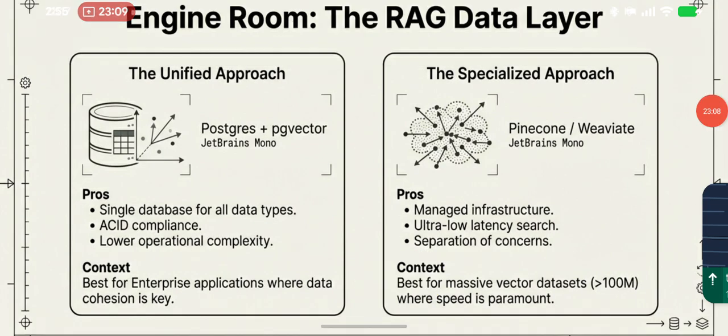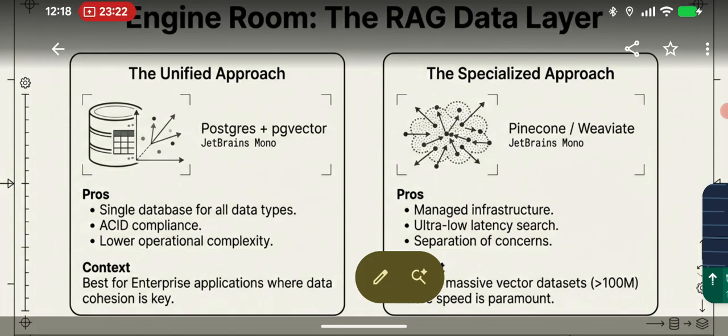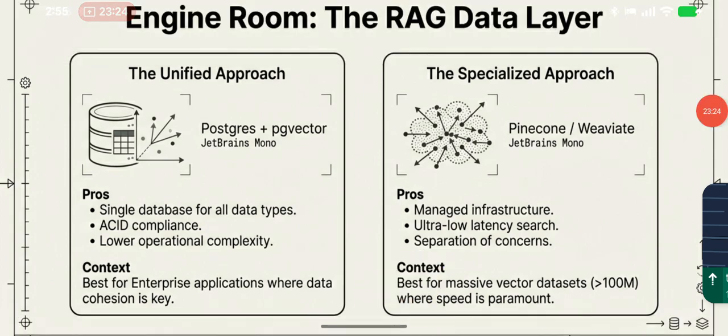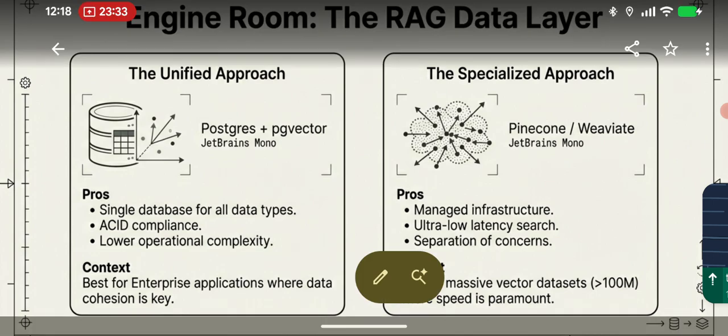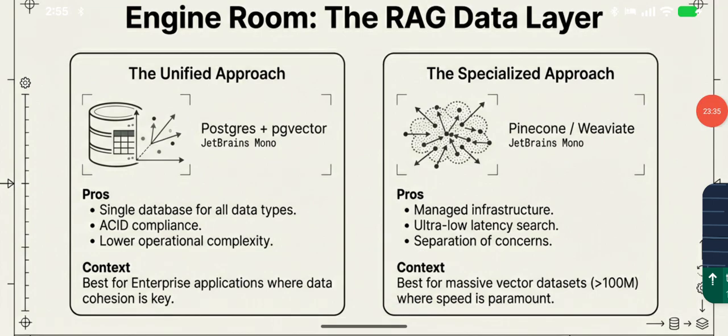Now the next important thing is what kind of database we are using and how we can scale it based on the size. Postgres is used as an RDBMS, and it has a vector extension for the vector embeddings, right? There's consistency, availability, and partitioning.